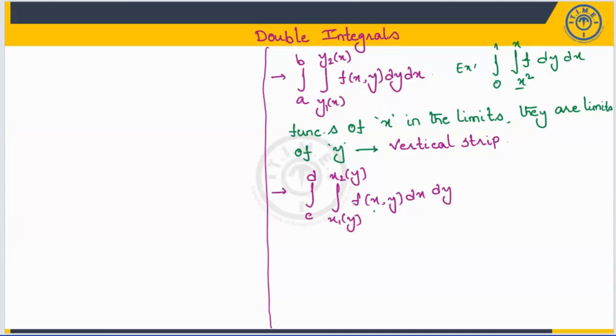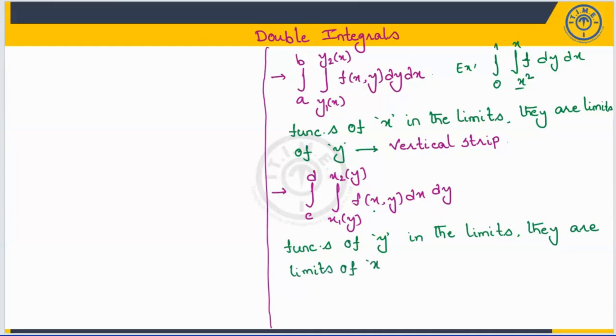That means if we have functions of y in the limits, then they are limits of x. And no matter what, first I have to integrate with respect to x. And if you are referring to the books, they'll be talking about the horizontal strip.